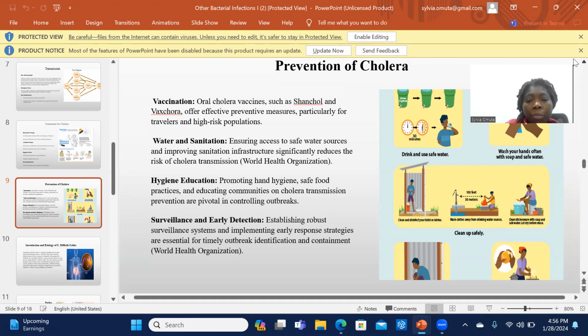Hygiene education: promoting hand hygiene, safe food practices, and educating communities on cholera transmission is pivotal in controlling outbreaks. Surveillance and early detection: establishing robust surveillance systems and implementing early response strategies are essential for timely outbreak identification and containment, according to the World Health Organization.